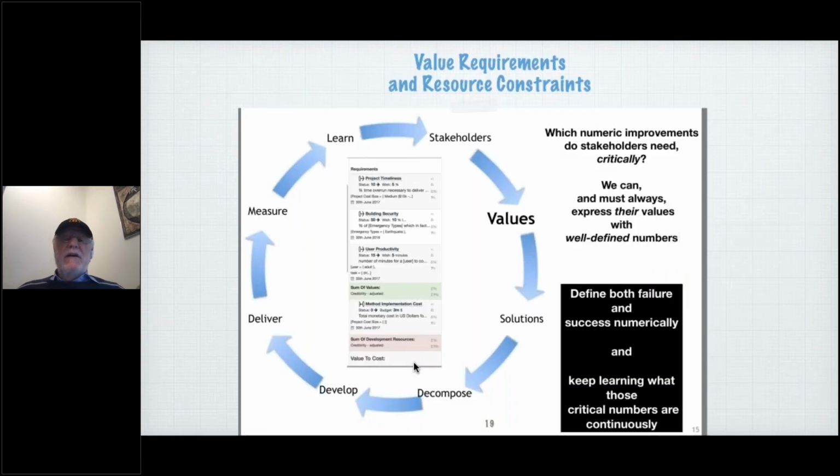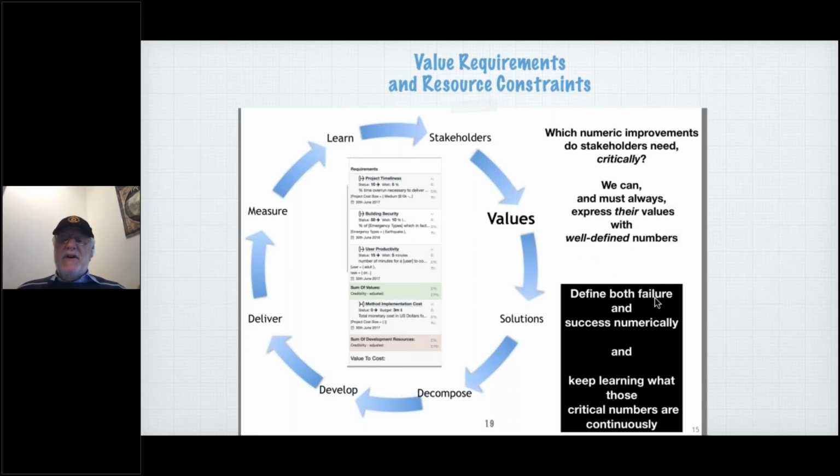Okay. Now here's a repetition of the 3-hour course we held last week, Value Requirements. First ideas were operating here with stakeholders and values primarily. And here's symbolically some requirements or values, all numeric. Here are some costs, and let's call all of this requirements, and they are values we have.